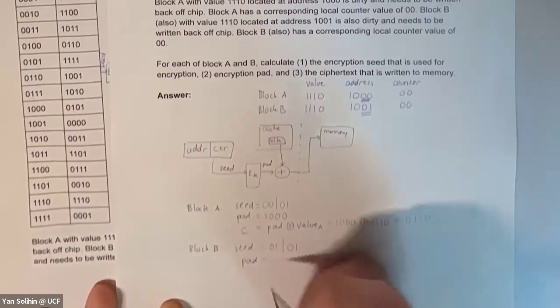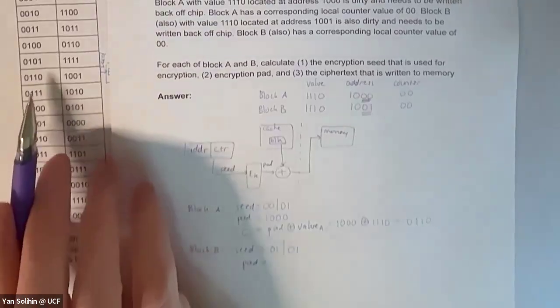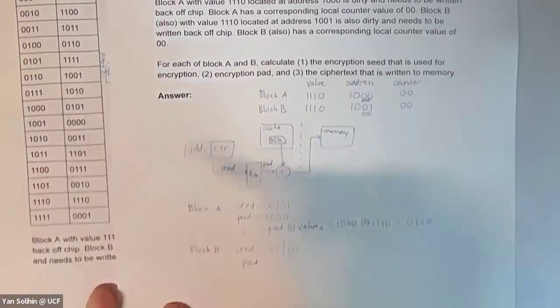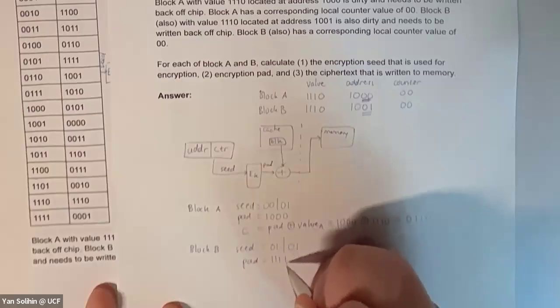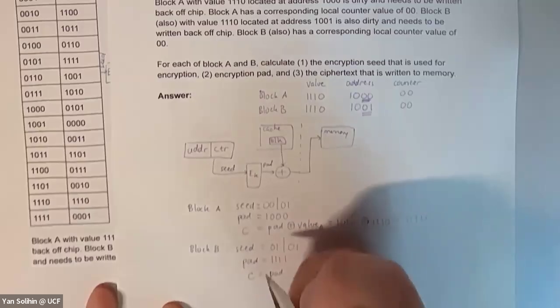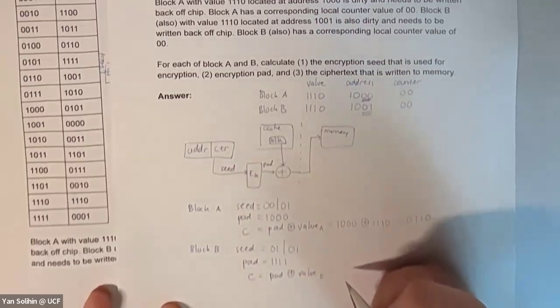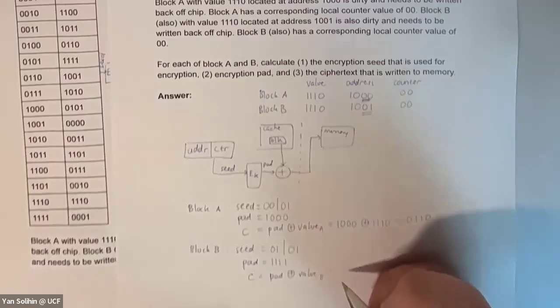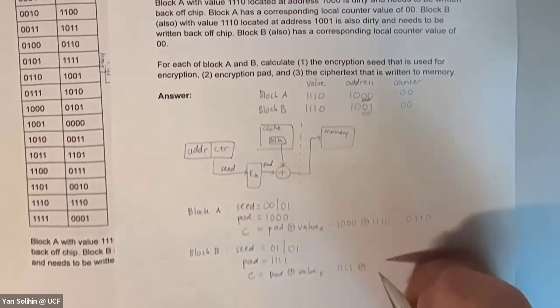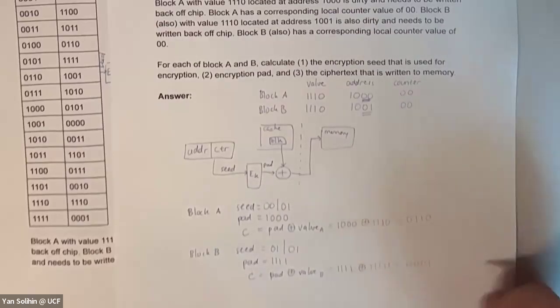So the pad is the encryption of 0101, and if we look at the table, 0101 leads to 1111. So the pad is 1111, and the ciphertext is the pad XOR with the value of B. 1111 XOR with 1110 becomes 0001.